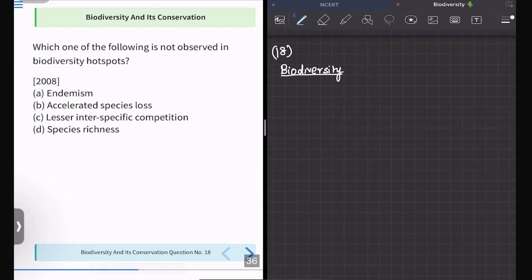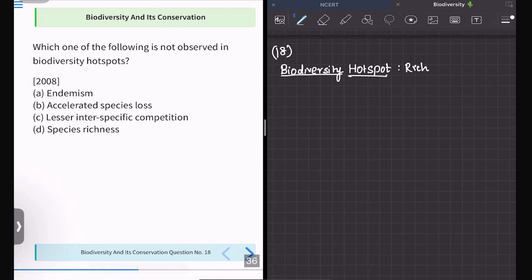And what is hotspot? Hotspot is actually a term that refers to an area where the richness in diversity of species is high. So ultimately, a biodiversity hotspot is an area where the species diversity is very rich. Okay. So based on this concept, let us try to see the statements and figure out if they are correct or not.